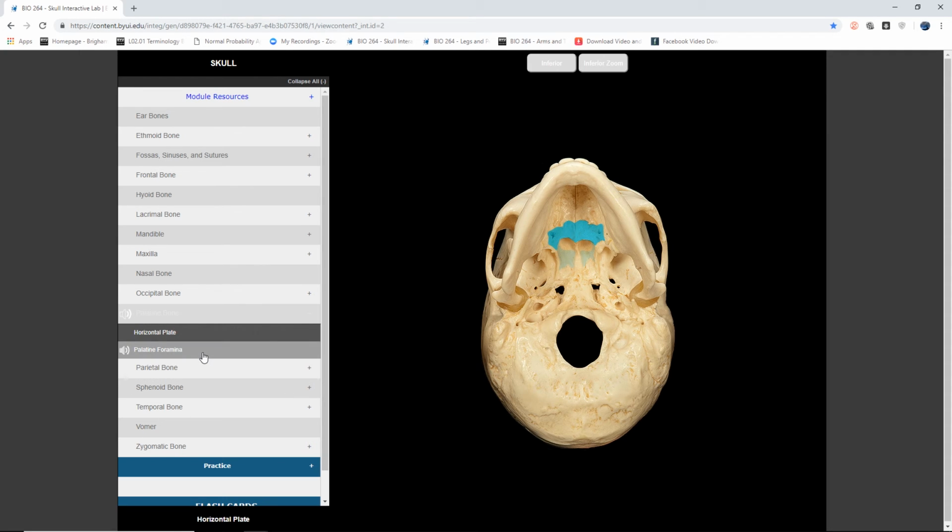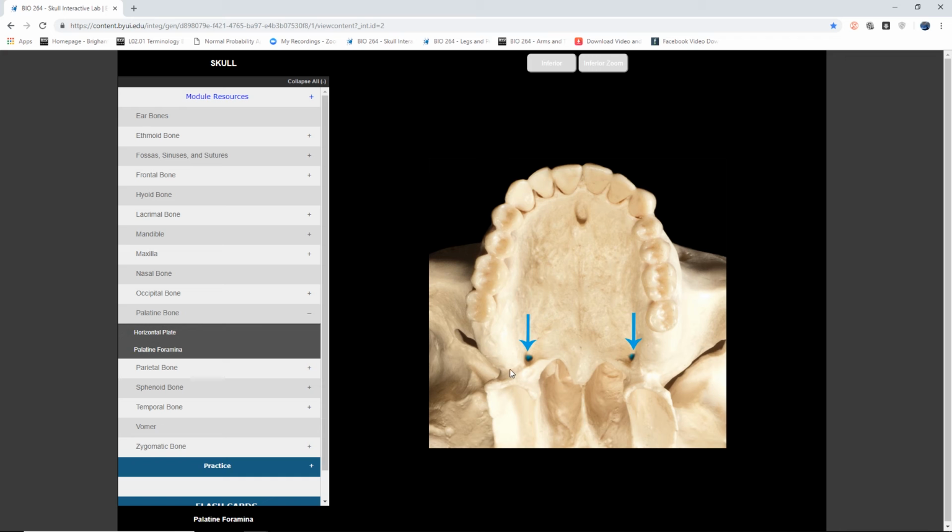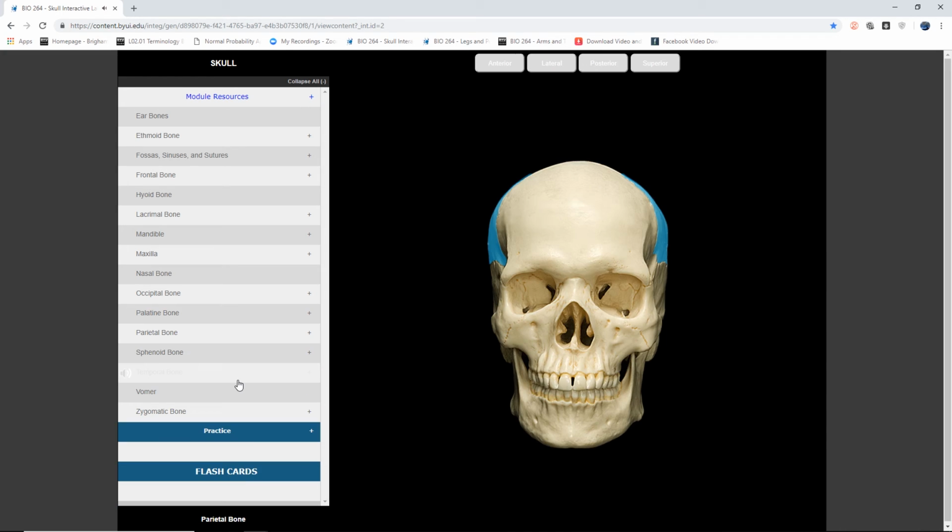Next we have the palatine foramen. So these two little holes right here. Go ahead and look closer. See them. So palatine foramina.